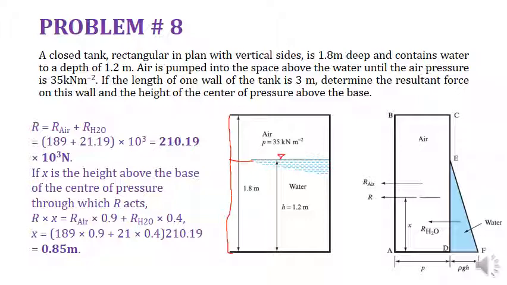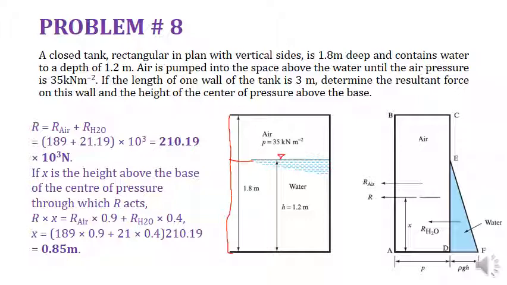So you are multiplying the pressure 35 by its own distance, that is 0.6, and on the other side, for the water it will be 21.19. That is the force exerted at the center of pressure of this triangular area. Also one rectangular area is exerted by the air. So one component is from the air and one component is from the water. You are adding up and you are getting 10.19.